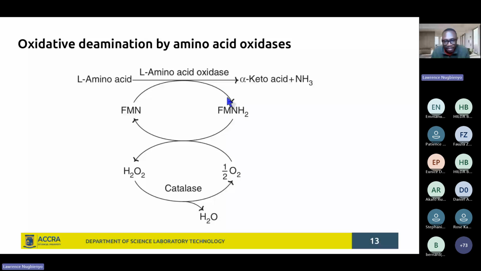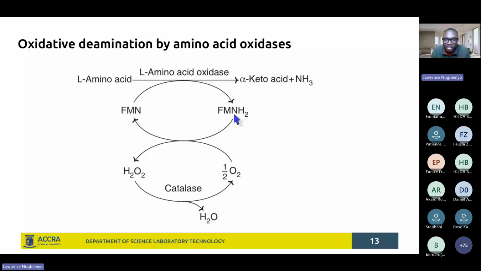If you go back and look at glutamate dehydrogenase, what was the coenzyme there? The coenzyme was NADP plus, a nicotinamide nucleotide. Here you are seeing a flavin nucleotide acting as the coenzyme. And that too will go into the formation of a keto acid with the production of ammonia. And of course, because it's an oxidation reaction, the flavin mononucleotide gets reduced.